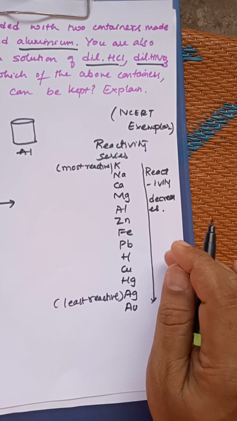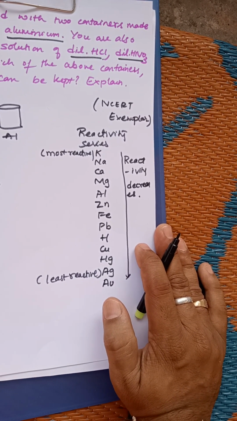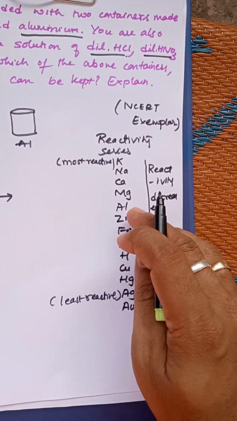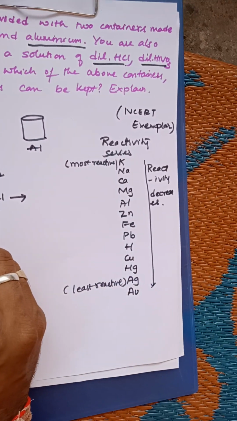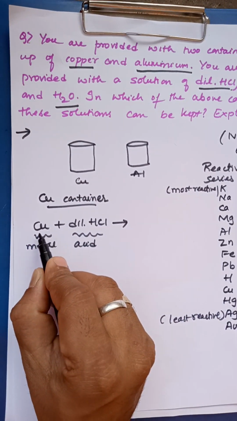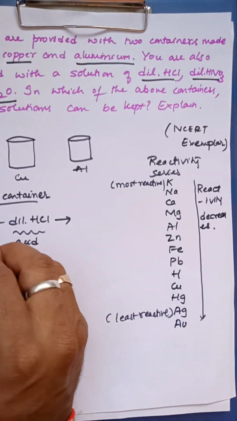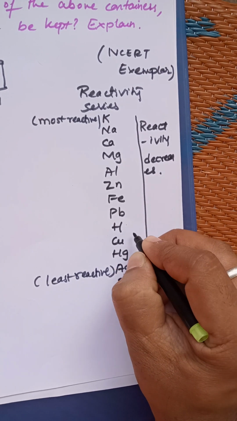Now how to check which element will displace which other element? We just need to look at the reactivity series. The elements which are above a particular element can displace that element. Here the two elements which we must focus on are copper and hydrogen. Let's compare the position of copper and hydrogen. Hydrogen is above copper.